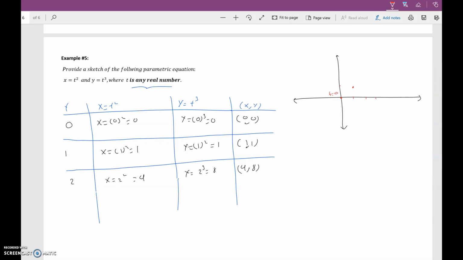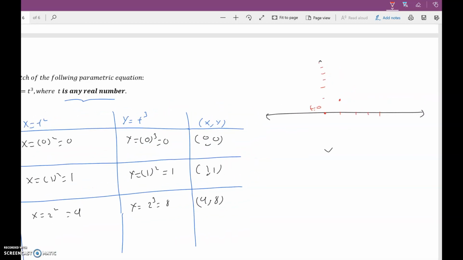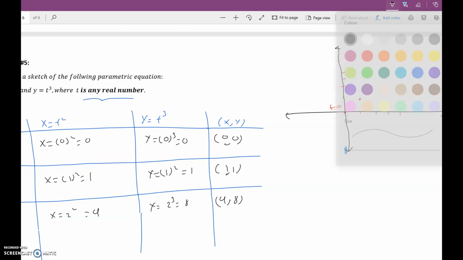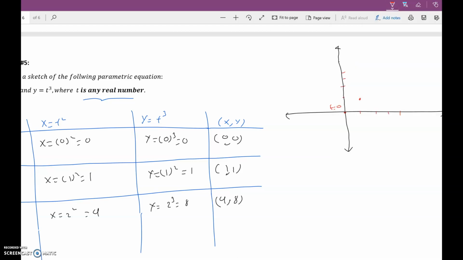Let me plot it. 1, 2, 3, 4. 1, 2, 3, 4, 5, 6. It's actually already outside my actual scale here. So this is 1, 2, 3, 4, 5, 6, 7, 8.